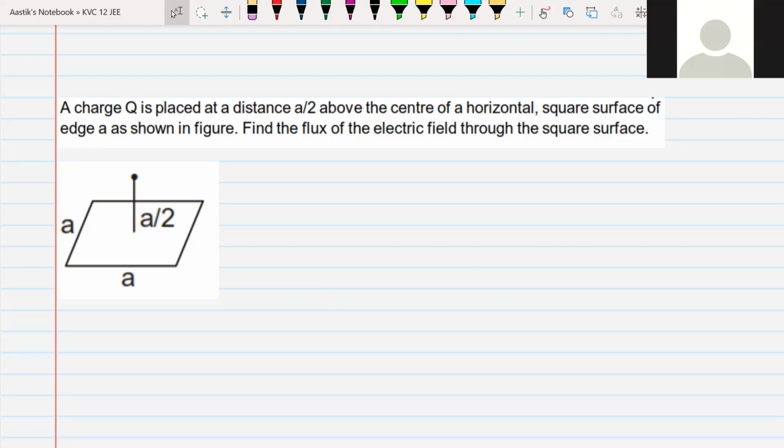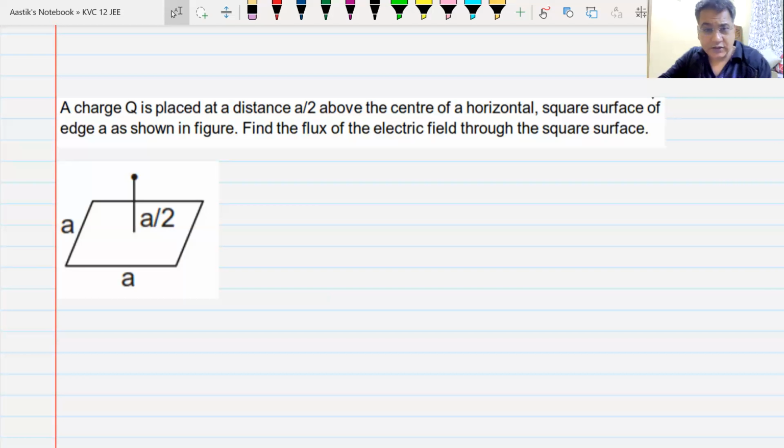Let's see who gets the answer. Remember, we are doing this chapter only once and we will not get enough time to do it once again before your first attempt at JEE Main.